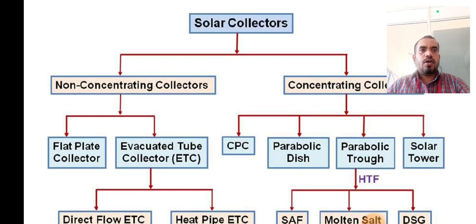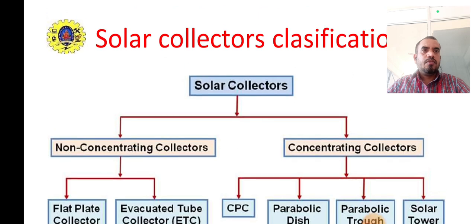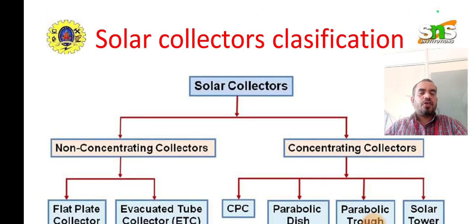And when it comes to concentrating collectors, this is a type of collector which tracks the sun from one horizon to another. That means the overall movement of the sun is tracked by the collector, so it absorbs more radiation compared to the non-concentrating collectors.